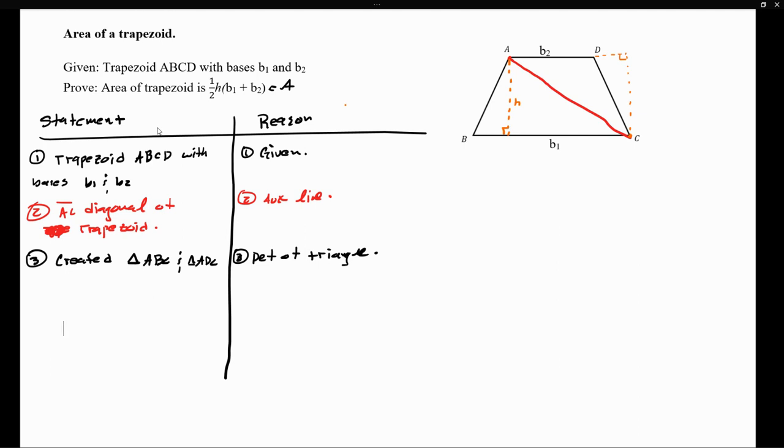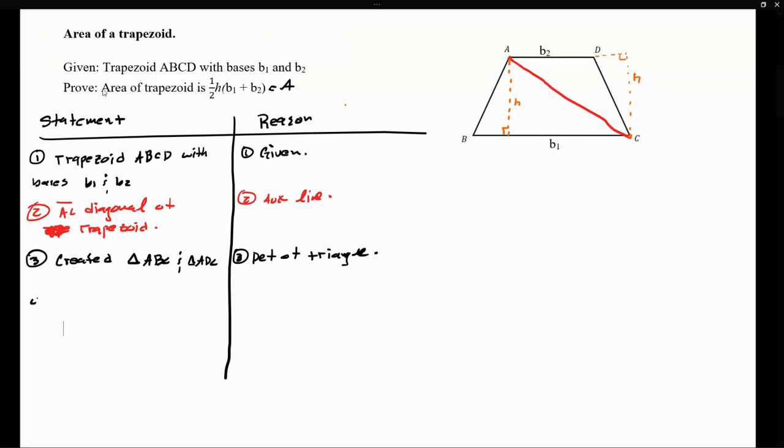So now we can say that this height represents the height of the bottom triangle, and this length represents the height of the upper triangle. The upper triangle is a little bit tricky because we want to look at the triangle ADC, but we definitely want to use this height. Even though this h is not inside the triangle, it is still the height of the triangle.